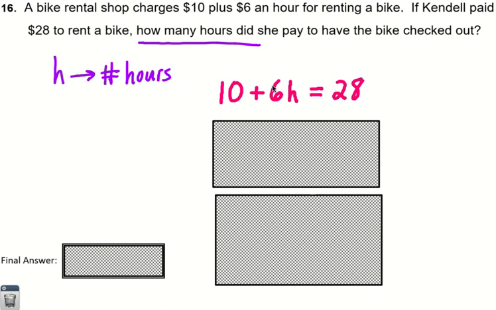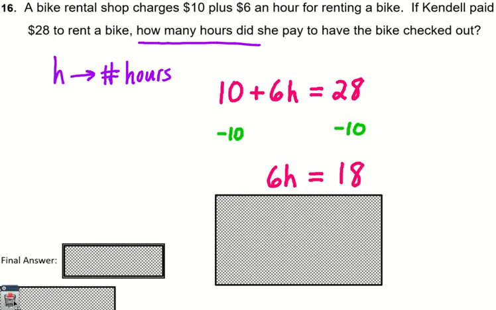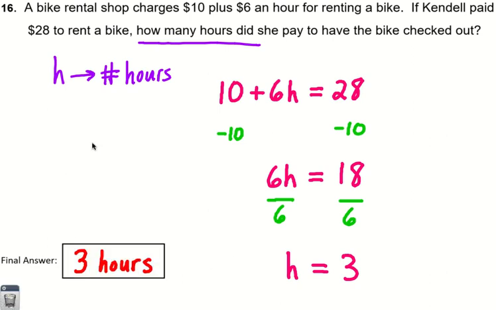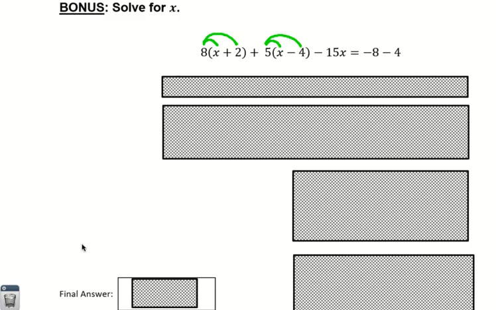This is the equation that describes the scenario. Then we just solve for H by subtracting 10 from both sides, and then dividing both sides by 6, and that gets us a final answer of 3 hours. An answer you probably could have come up with without technically writing an equation and solving it.